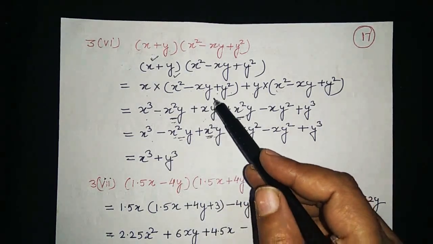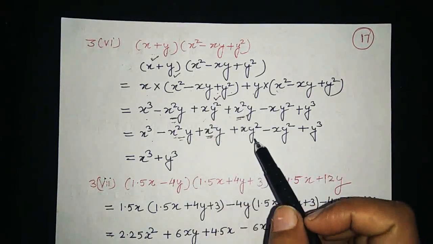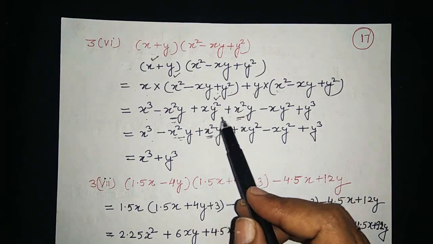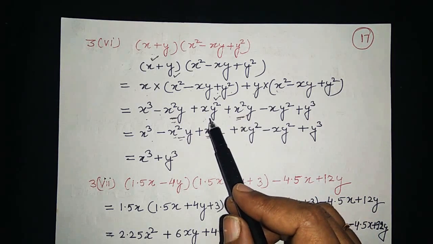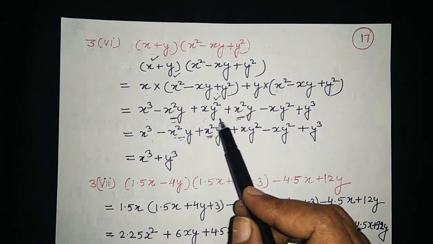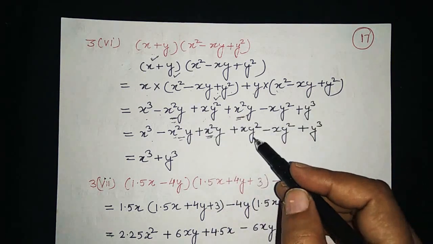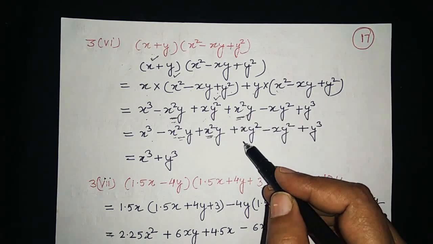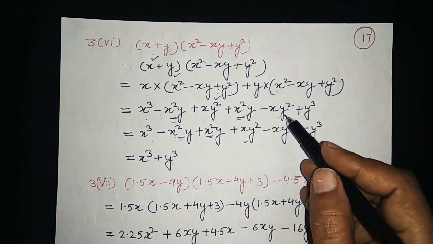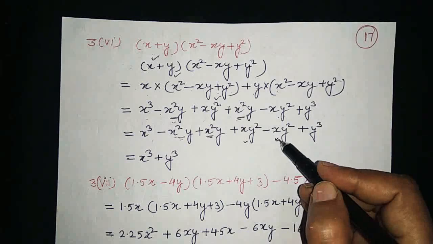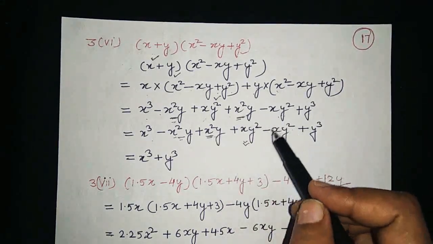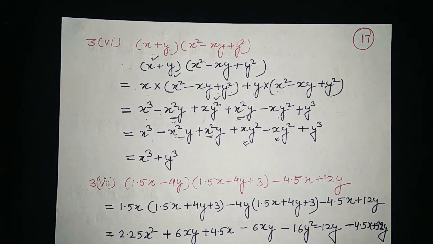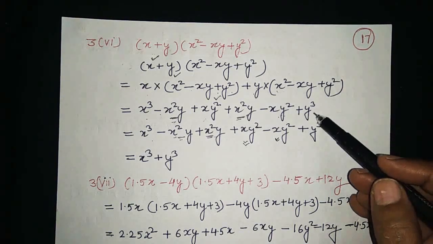Now we will write this xy², and we will search for another like term of this type. So here we got minus xy². We will write these both terms together. Now at last what is coming? y³.